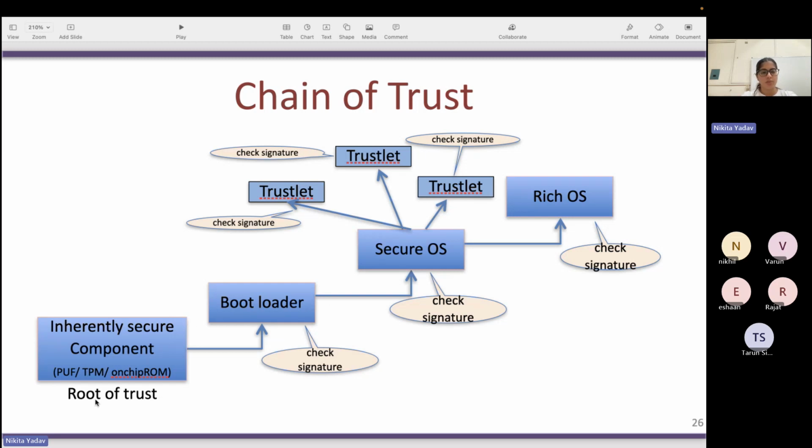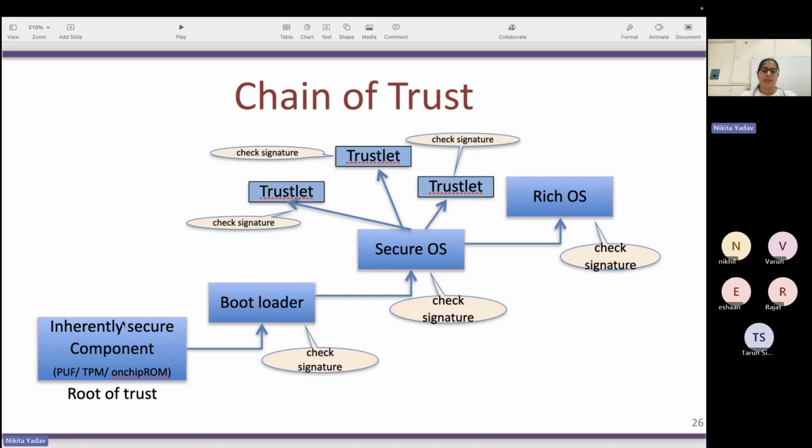So first, when the ROM, this inherently secure component, is starting, it is going to verify the integrity of the bootloader. It takes, say, a hash of this bootloader, and checks whether this matches the correct hash of the bootloader or not.